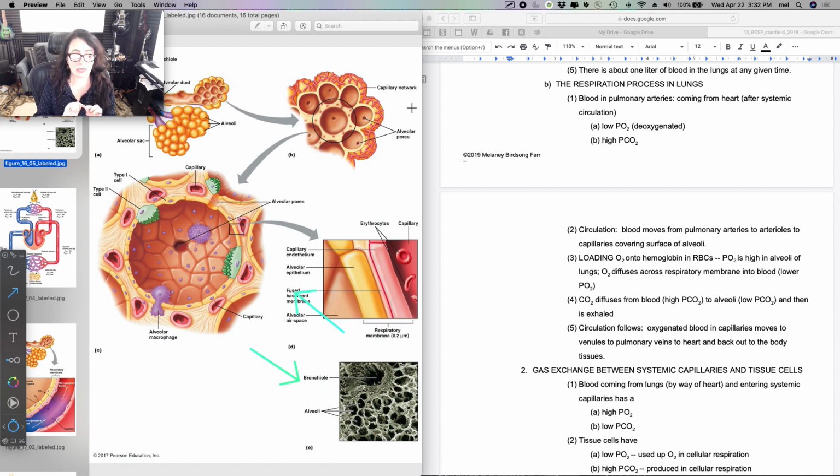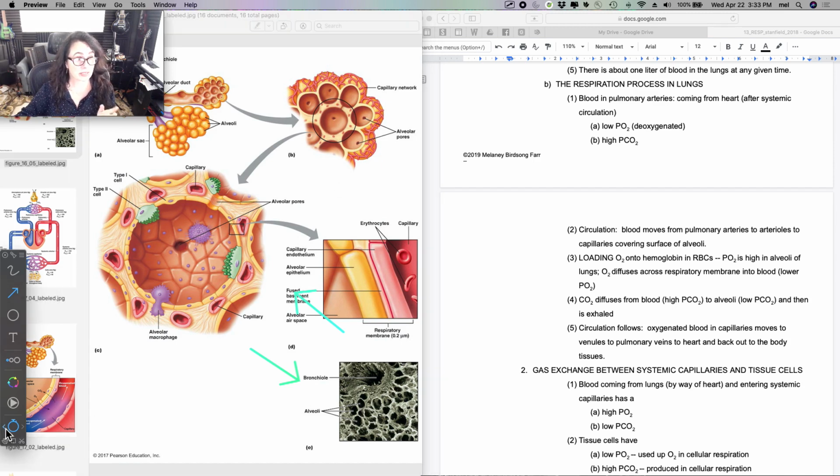So typically speaking, in a healthy person, pulmonary venous blood that's on its way back from the lungs to the heart is going to be bright red. And then systemic arterial blood is also going to be bright red. Blood is not blue, despite the fact that my son doesn't believe me. It's red, bright red, and dull red. Okay, so that's what I was meaning about the loading. So it has to load onto hemoglobin.